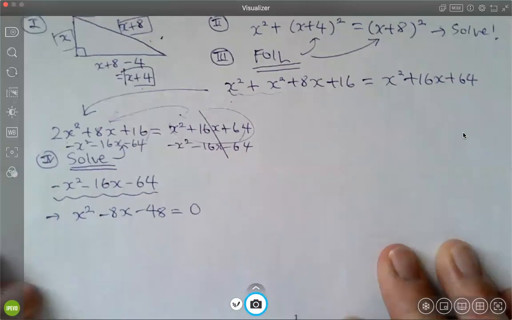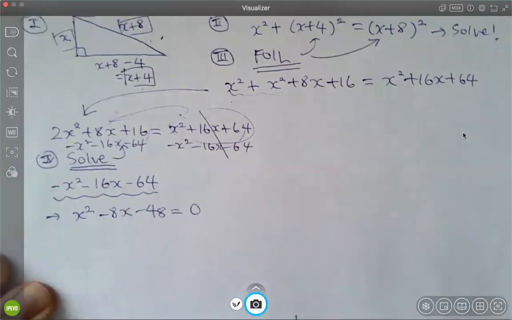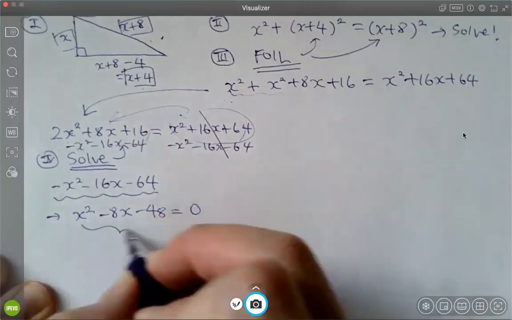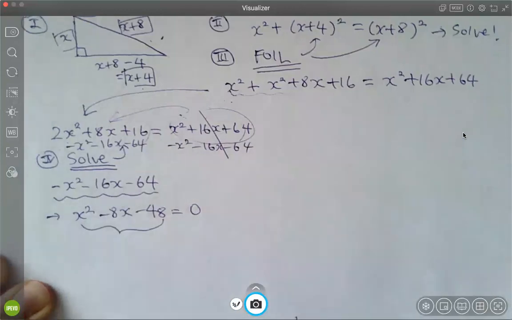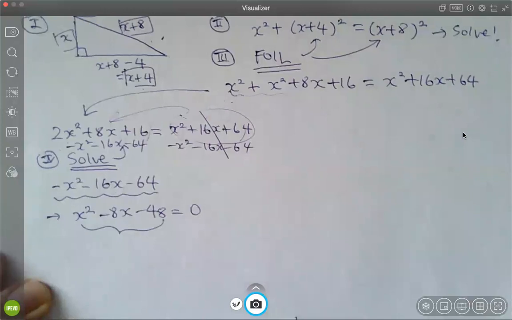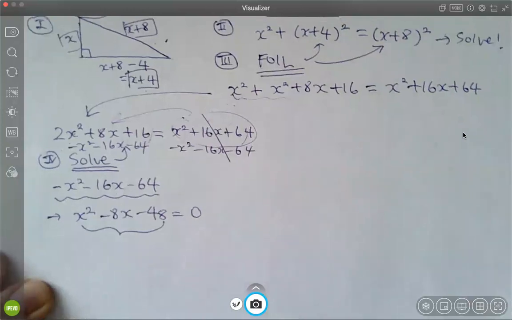And now how can we solve this? This is a quadratic equation, right? Which means we have 4 ways to solve: factoring, completing the square, square root property, and quadratic formula. Although the quadratic formula works all the time, that is not the fastest method. In fact, the fastest method, if you can see it, is factoring.